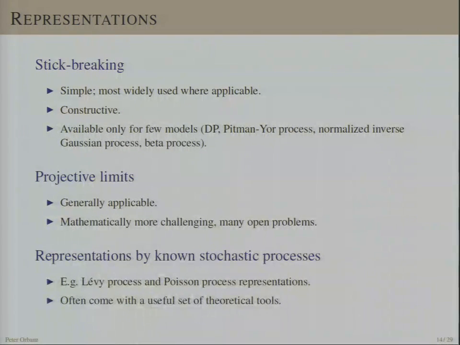And then there are representations in terms of known stochastic processes. So for example, Levy process representations or Poisson process representations. Of course, these are not available for all models either, right? But basically, if you have a model that uses something that is essentially a known form of stochastic process, then you can just fall back on work that has already been done.